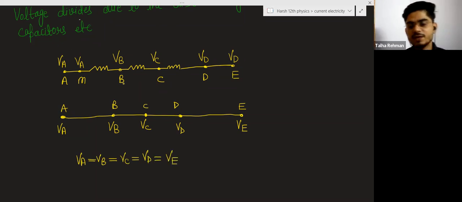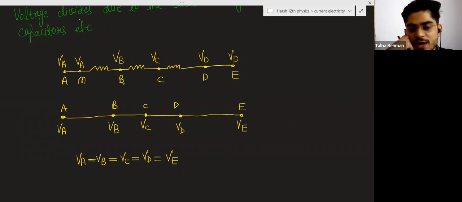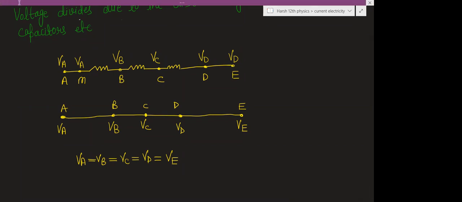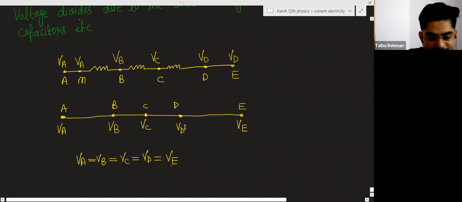Why are these voltages equal? Because when you are moving from A to E, there are no resistances in the path. That is why all the potentials are same.